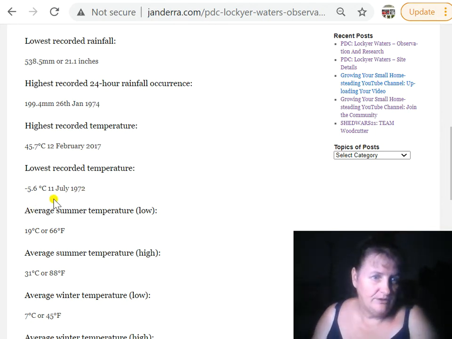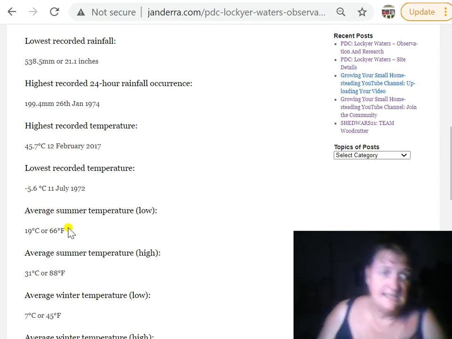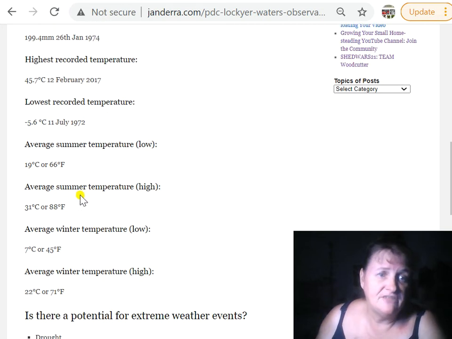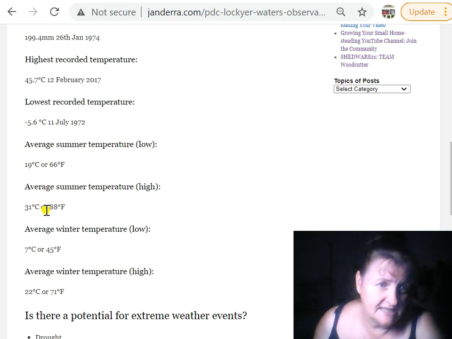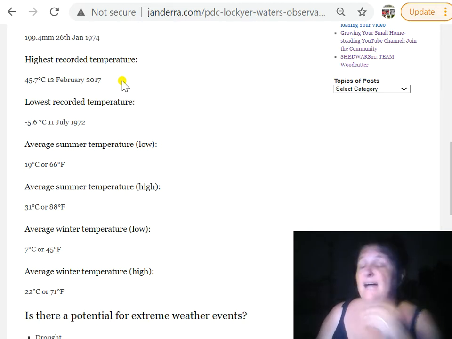So the average low temperature in summer is 19 degrees or 66 degrees Fahrenheit. The average summer high, so the maximum, is 31 degrees or 88 Fahrenheit. Now, as it said up here, the highest recorded temperature was 45.7.